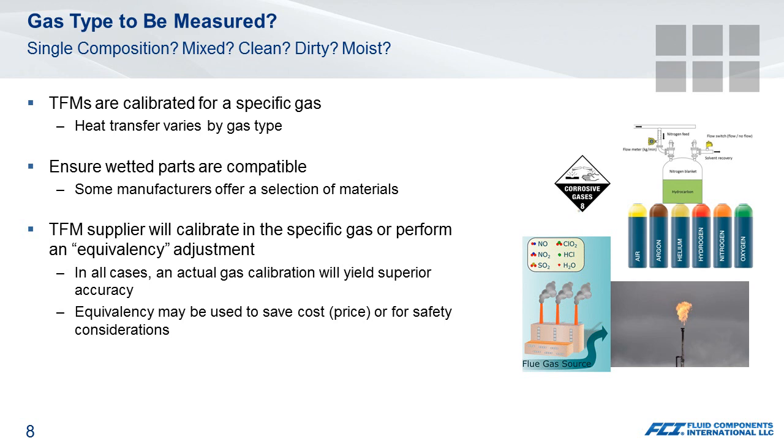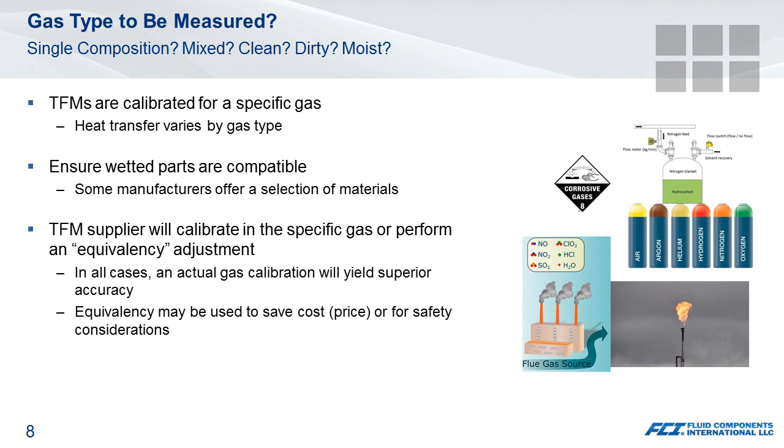Generally equivalencies are used because the cost of outfitting and having cal stands that will do everything is prohibitive, and also for safety considerations. If you've got an extremely hazardous gas, while a thermal flow meter will measure it, there's not a lot of companies that want to flow it or can afford to flow it.